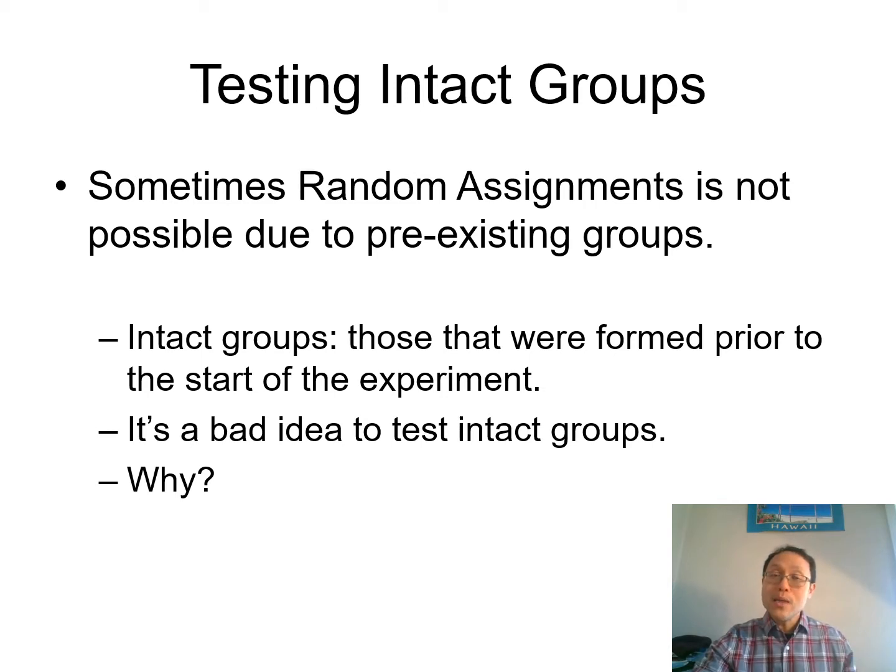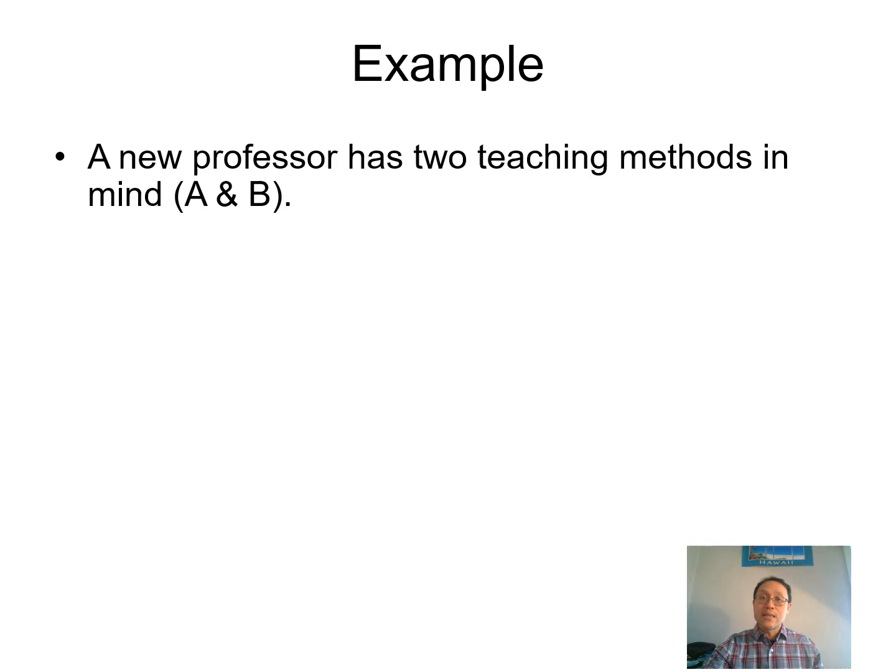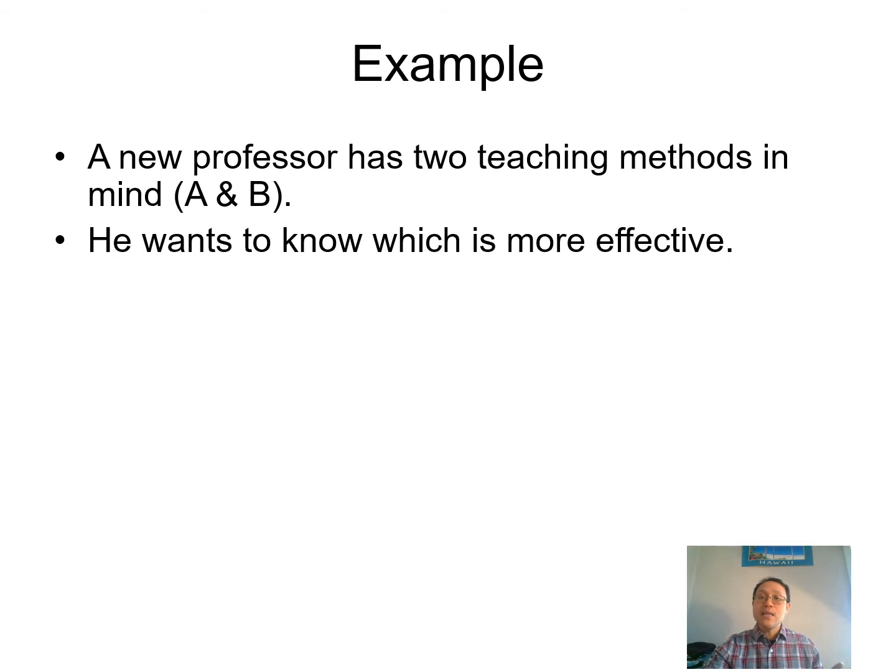And the reason for that is, let's say a new professor has two teaching methods in mind, teaching method A and teaching method B, and he is interested in knowing which one is more effective.